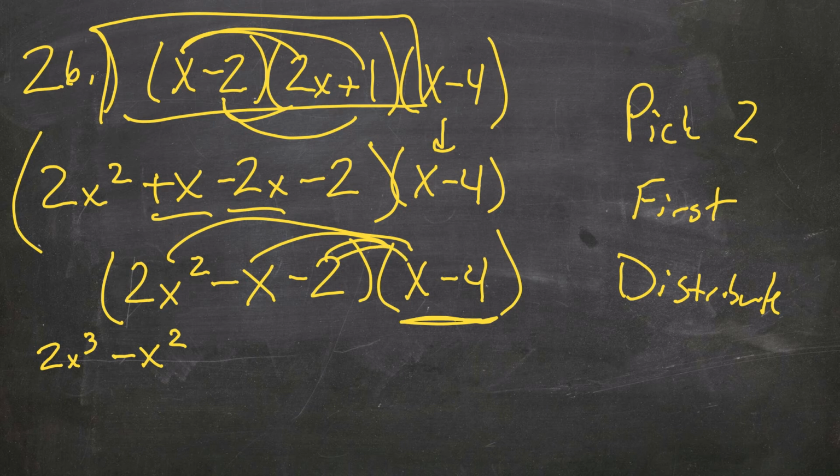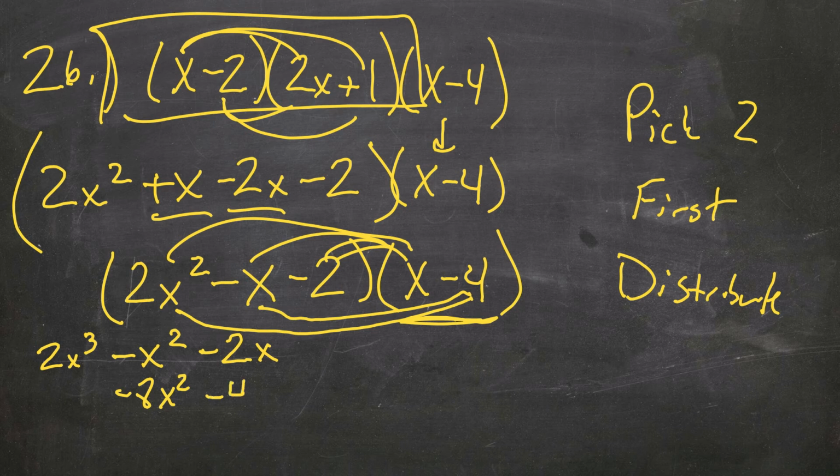And then x times negative 2 is minus 2x. Now I do the same thing with 4. I take negative 4 all the way to 2x squared. Negative 4 times 2 is minus 8x squared. Negative 4 then goes to the minus x. That gives me plus 4x. And then minus 4 times minus 2 gives me plus 8.